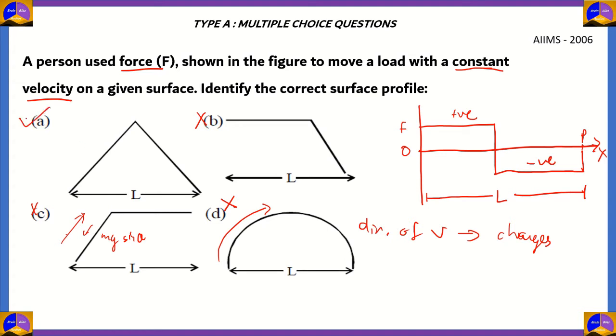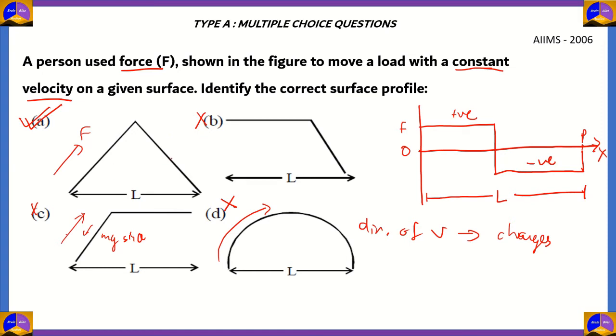So therefore the right answer here is option A. If you look at option A, first the force F is acting against mg sine theta as it moves up. So this is a particular direction, and then at the top it momentarily rests and then it goes down, and in order to avoid acceleration, you have to add a force F in order to make the object move down with constant velocity.